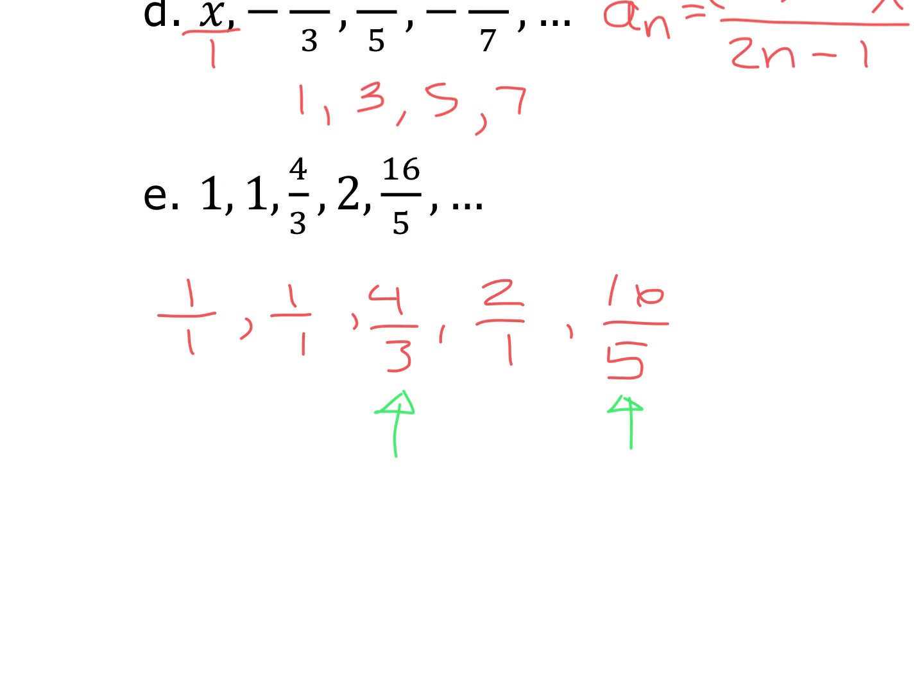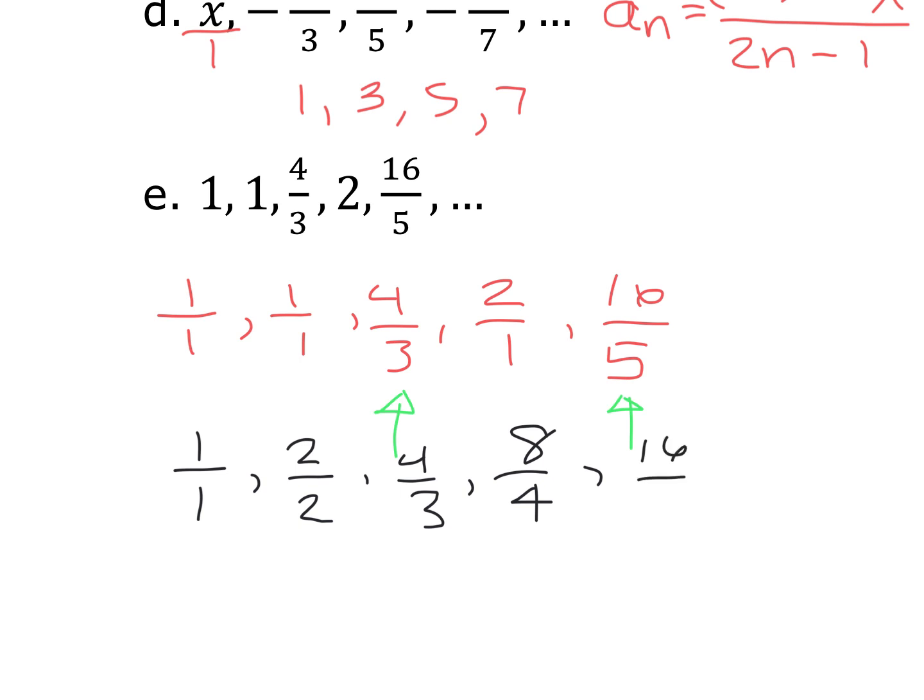So instead of writing 1 over 1 and 1 over 1 and 2 over 1, I need to have those denominators go 1, 2, 3. So I'm going to rewrite this as 1 over 1, 2 over 2, which is still 1, 4 over 3. Now the next denominator needs to be 4. So if I multiply the numerator and denominator by 4, I get 8 over 4. Oh, sweet, that's nice, isn't it? And then I have 16 over 5.